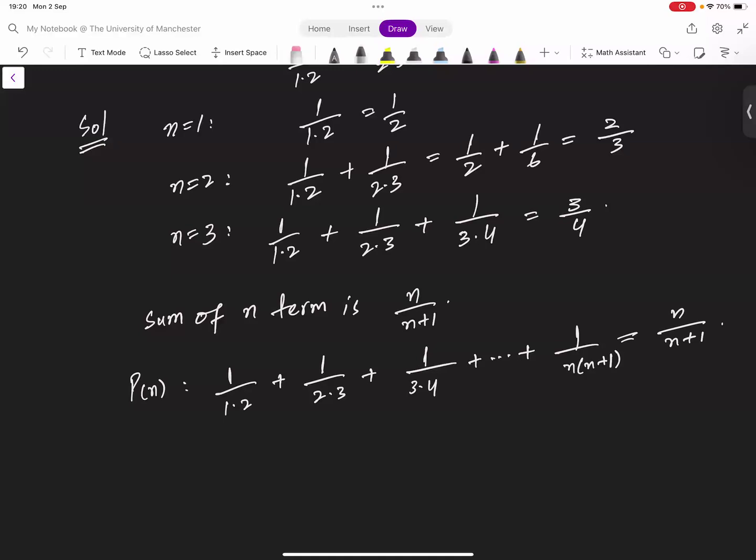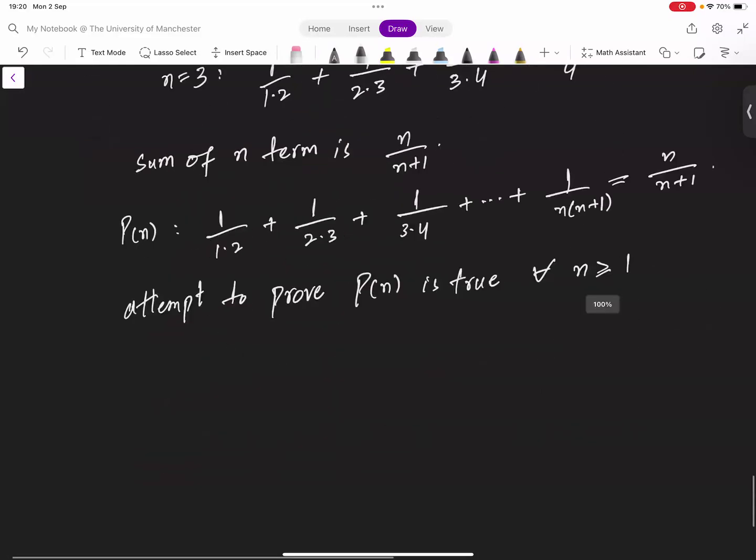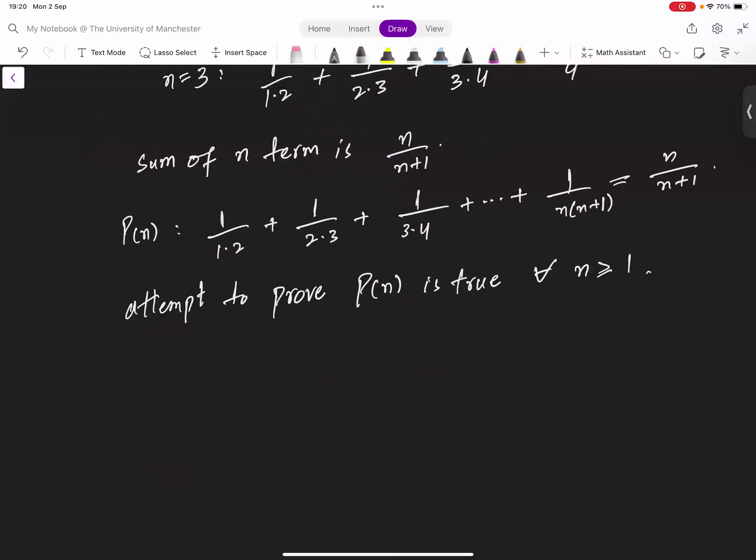And now we attempt to prove that P of n is true for all n greater than or equal to 1 by induction.